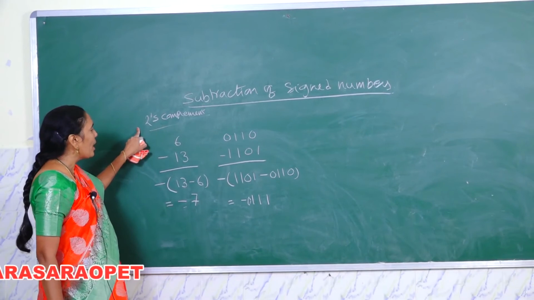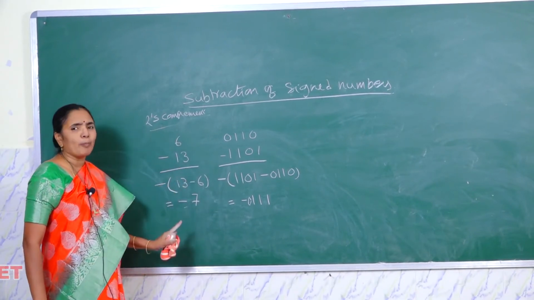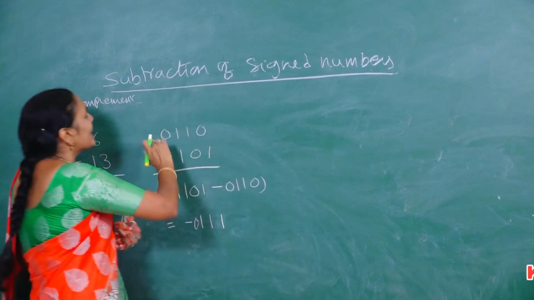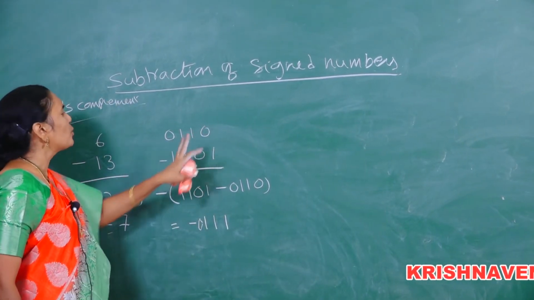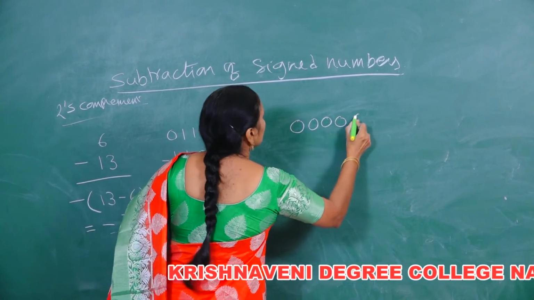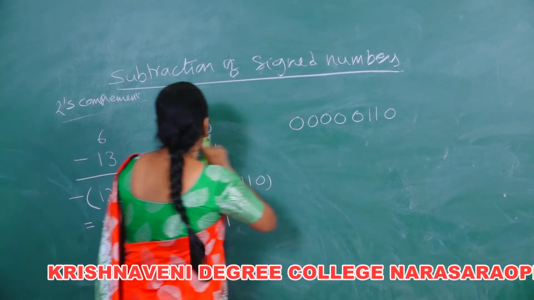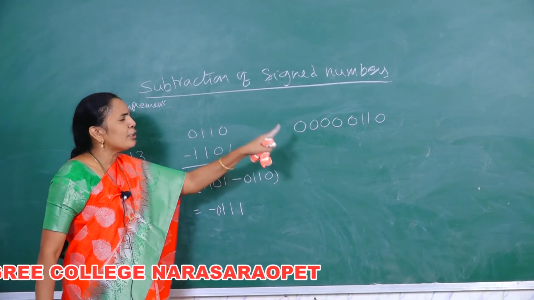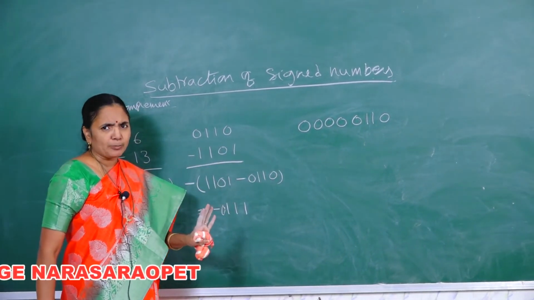Now, let us see how we are doing the same operation using the 2's complement. In order to indicate the sign bit, let us extend the bits to 8. So, 0, 0, 0, 0, 0, 1, 1, 0. I have represented the same number in 8 bits. Adding extra zeros to the starting will not change its value.